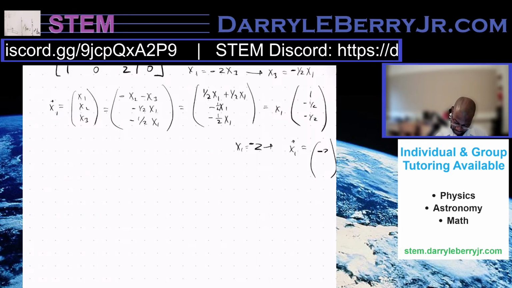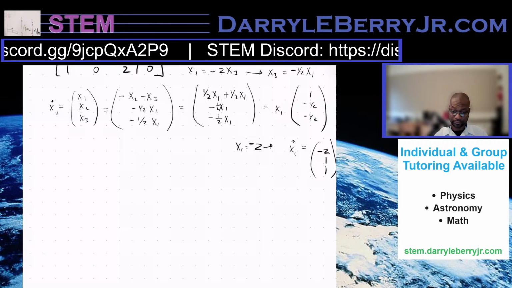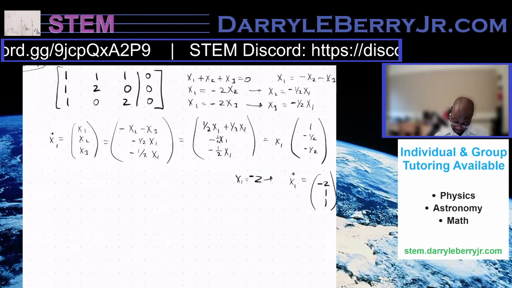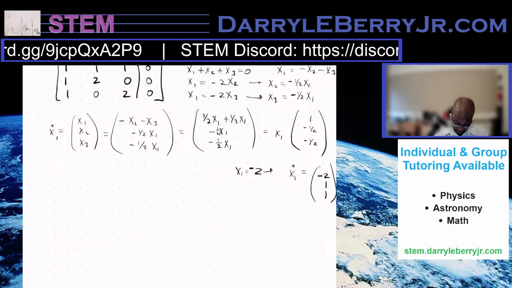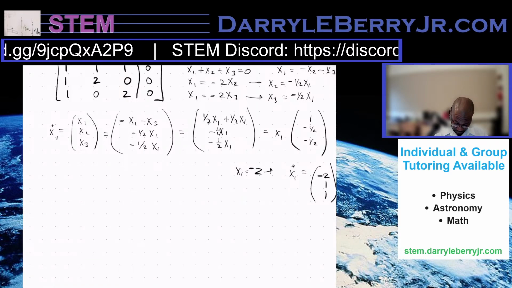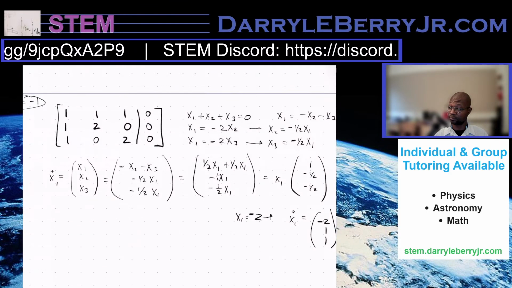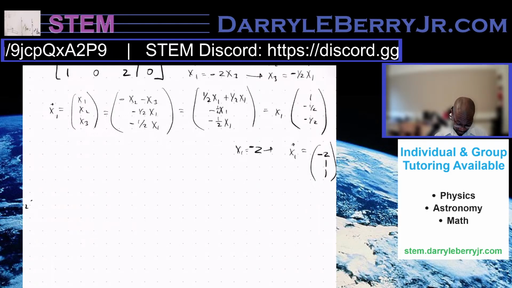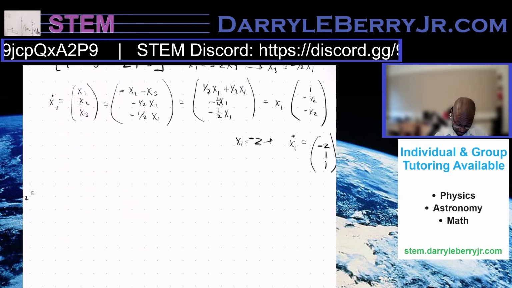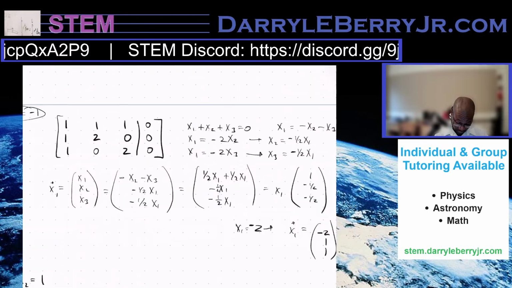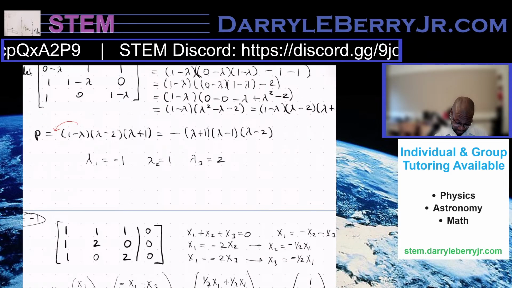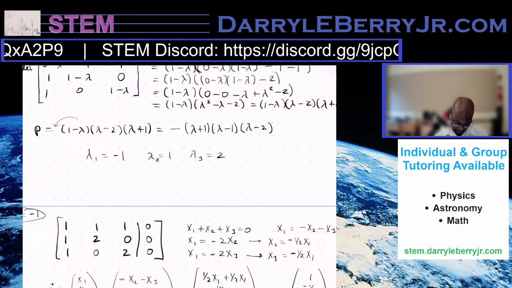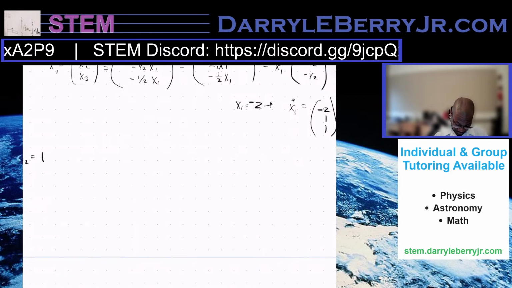So this would be negative 2, 1, 1 to keep it the same. So that's where lambda 1 equals negative 1. Lambda 2 equals positive 1. So that becomes negative 1, 1, 1.